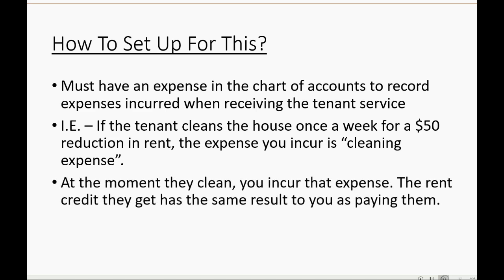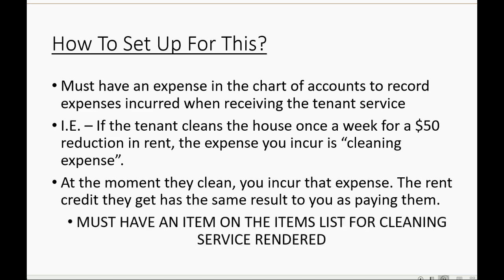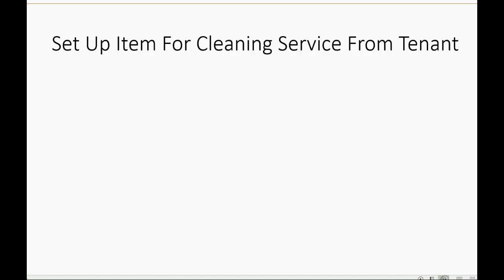And at the moment they clean, you acquire that expense. The rent credit they get has the same result as if you paid them directly for the cleaning. You must have an item on the items list for cleaning services rendered. So, we must set up the item for the cleaning services rendered from the tenant.